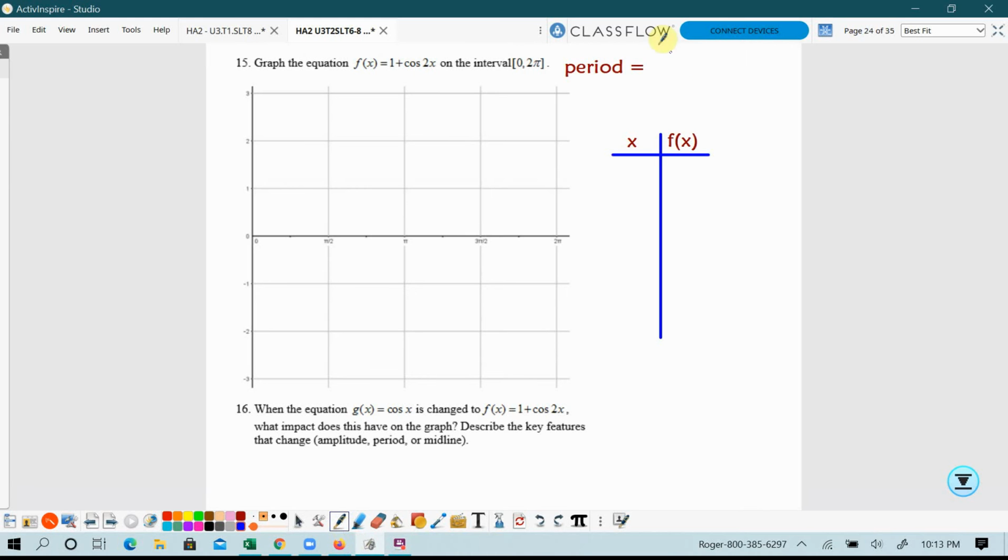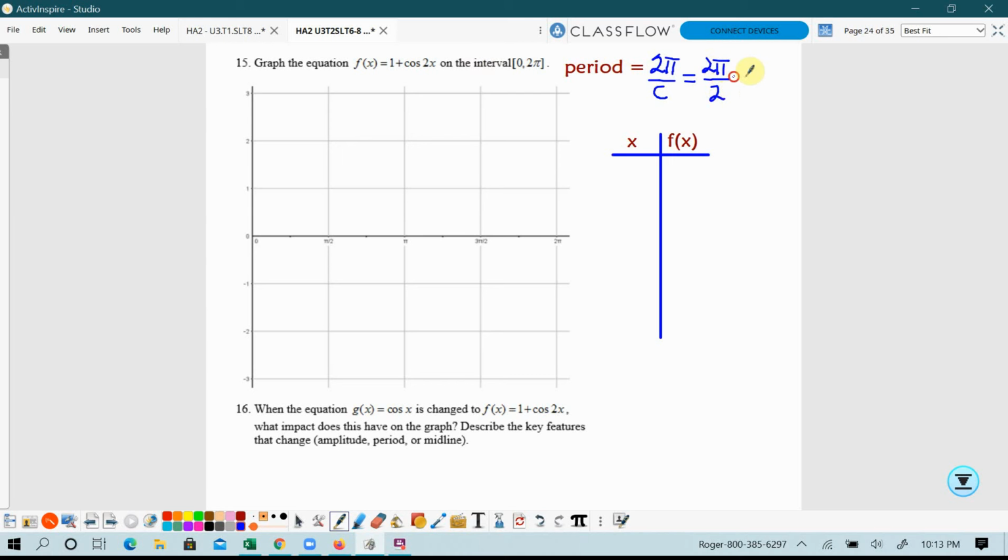If we recall, the formula to figure out the period is 2 pi over c. Remember, 2 pi is the standard period for any sine or cosine graph. In this function, I notice c is the coefficient in front of x. That is 2.